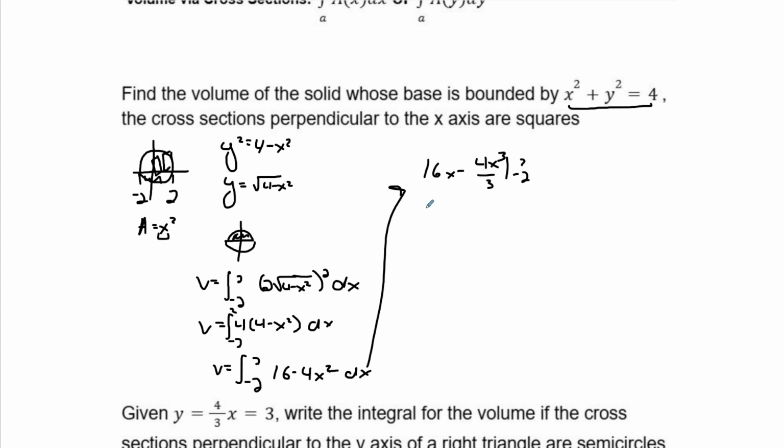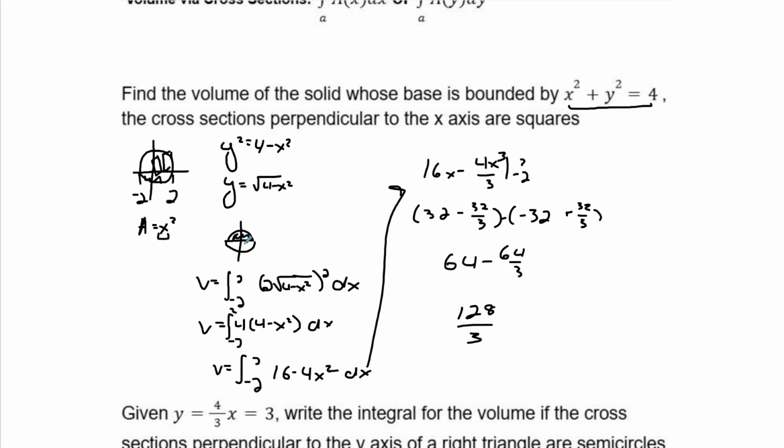And so this is going to give us 32 minus 32 over 3, and then minus, we would have -32 plus 32 over 3. So it looks like we're going to get 64 minus 64 over 3. This is just going to give us 128 over 3.